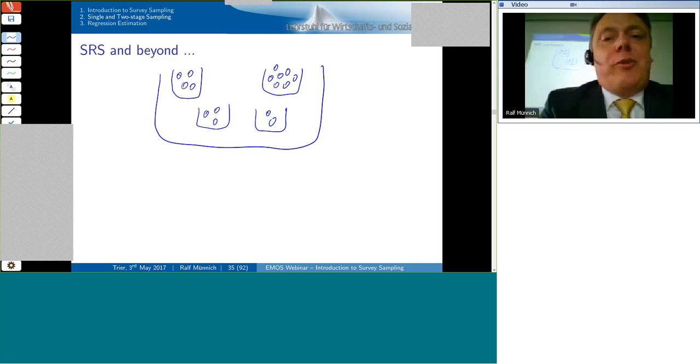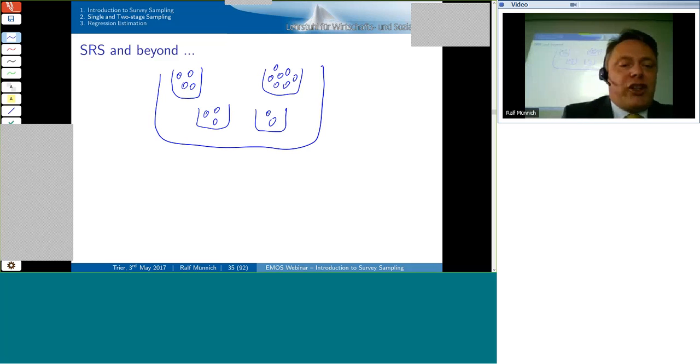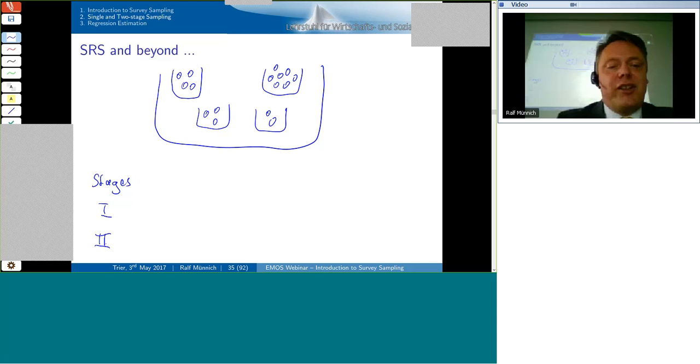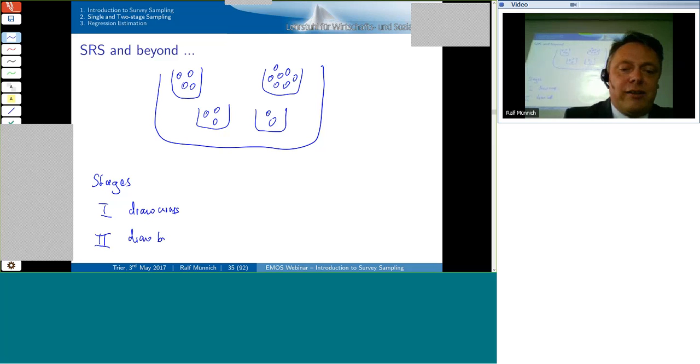So at least here, we can say we somehow have two stages. So we have the first stage, and we have the second stage. So the first stage is we draw urns, and then we draw the balls from the urns.